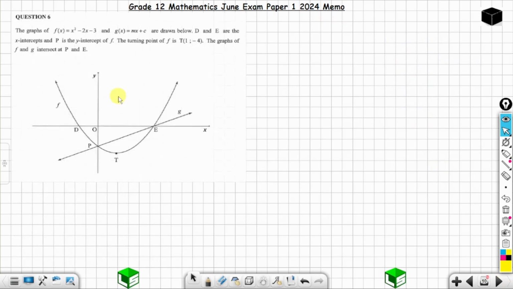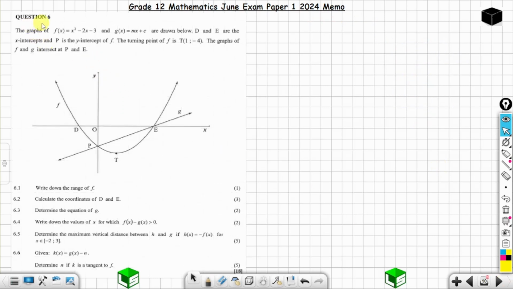We are still on question 6. Now question 6.5. Determine the maximum vertical distance between h and g if h of x is equal to minus f of x for x in this interval. So g of x is equal to this from question 6.3.